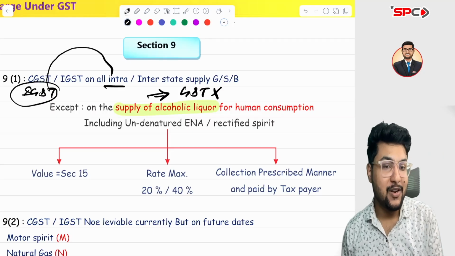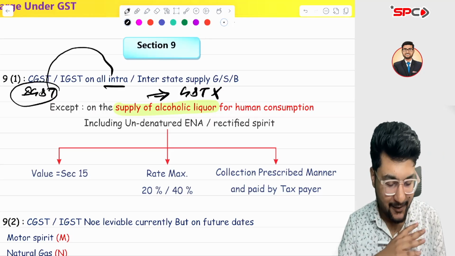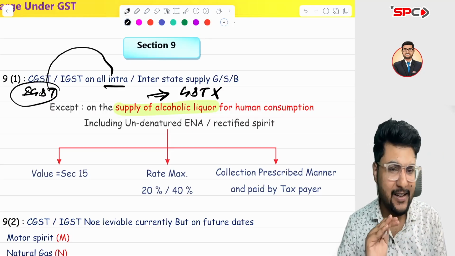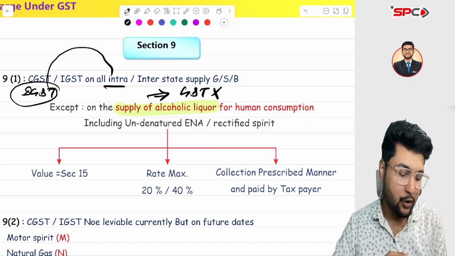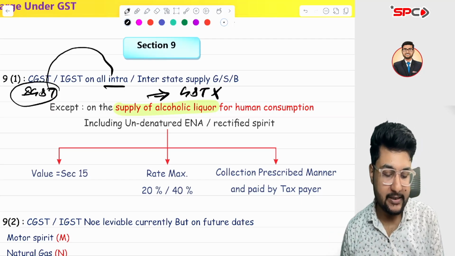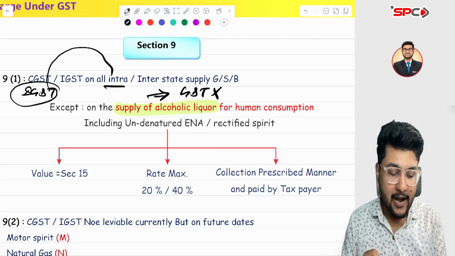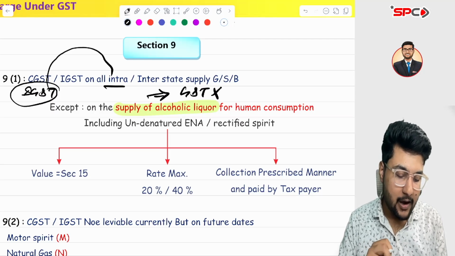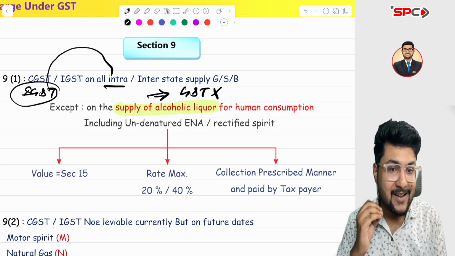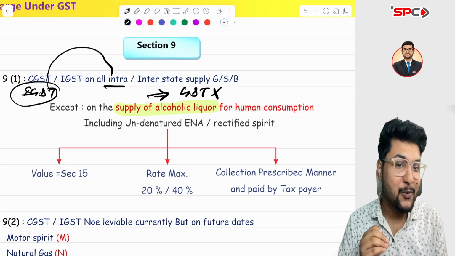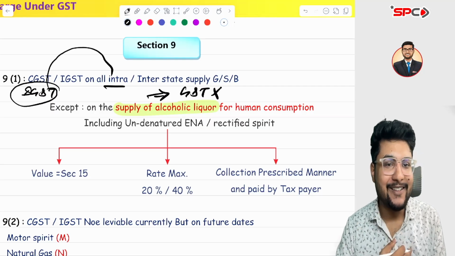Why, sir, is it not covered? Although we covered it in our full lecture, I will give a short brief on why alcoholic liquor is out of the scope of GST. If alcoholic liquor is out of the scope of GST, all the revenue belongs to the state government.